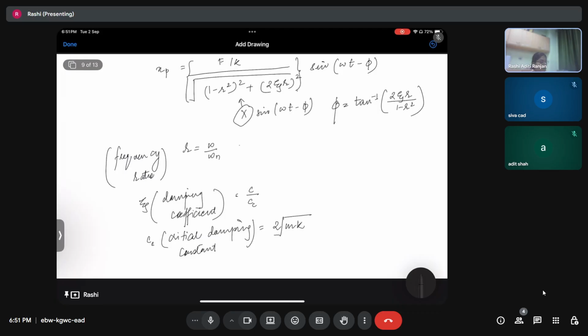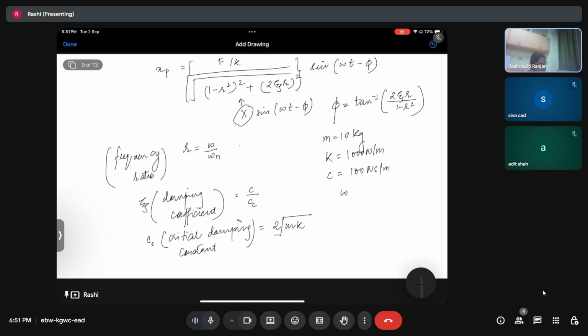Okay, so we need to find out these values so that we can put them in the above equation, right? So we have mass as 10 kg, stiffness as 1000 Newton per meter, and damping constant as 100 Newton second per meter.